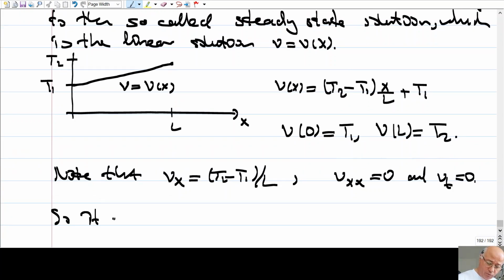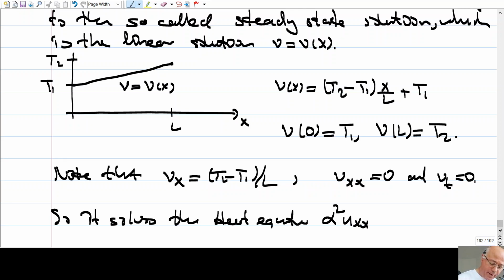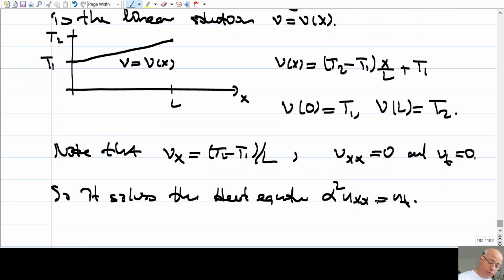So it solves the heat equation, alpha squared u_xx equals u sub t, because all terms are 0 for this function. So v is the solution of this equation.